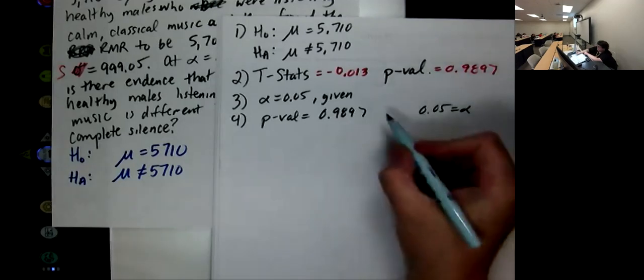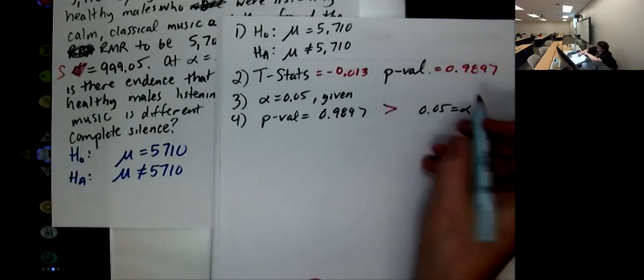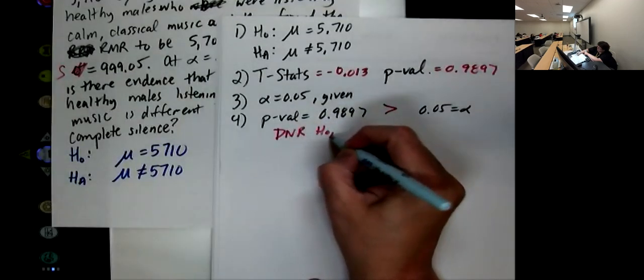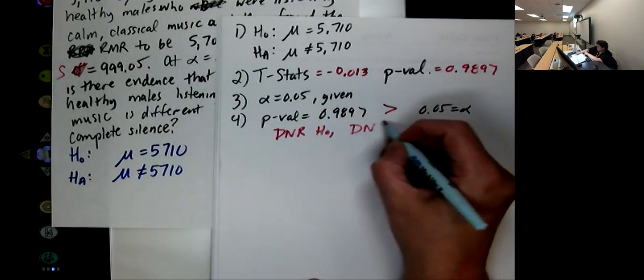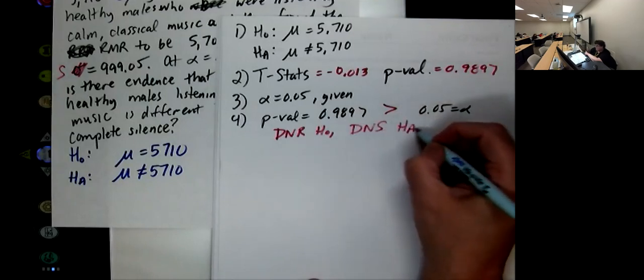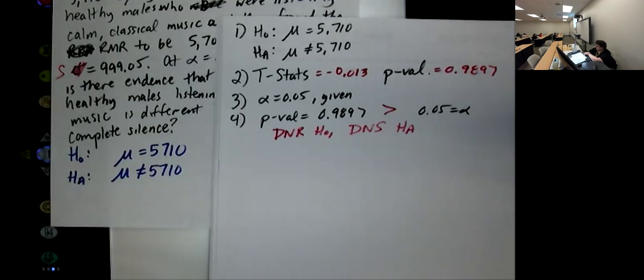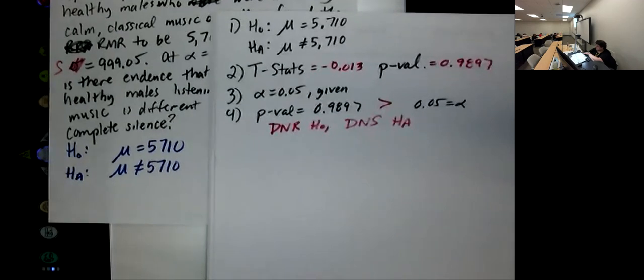P-value is greater than alpha. So we do not reject H0. We do not support HA. That's my abbreviations for do not reject and do not support. I know if you're a nurse, DNR means something else.